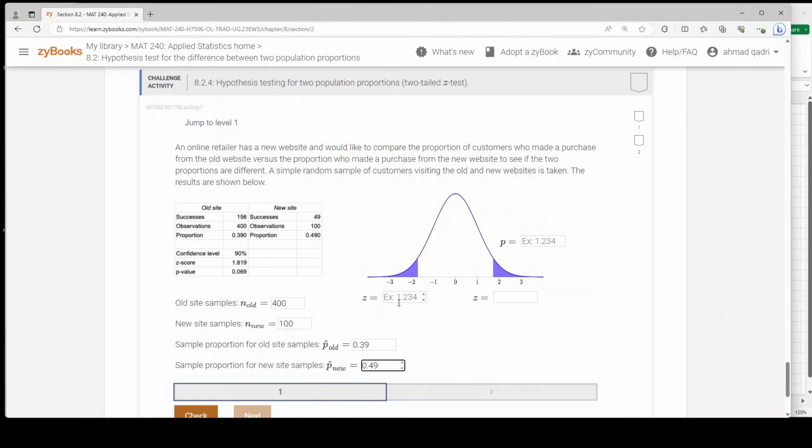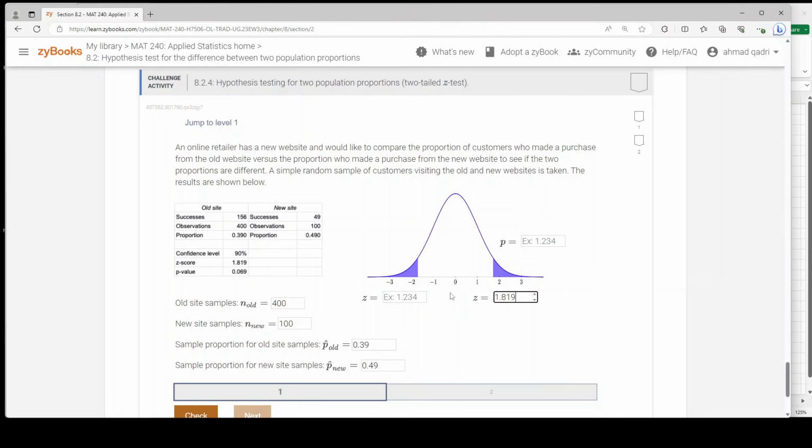Now we need to know the z-score. This time we have a two-tailed distribution, right? So we have a z-score that will be here and one that will be here. The one that's here is provided here. You can see that the z-score is 1.819. We know that would be entered here because it's positive.